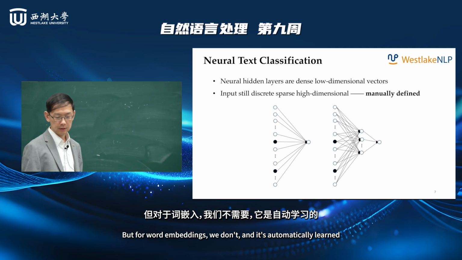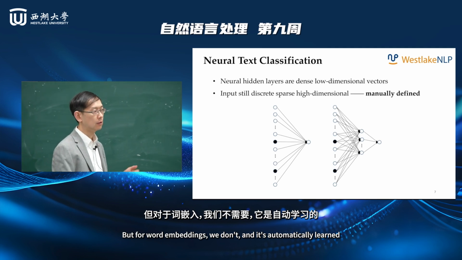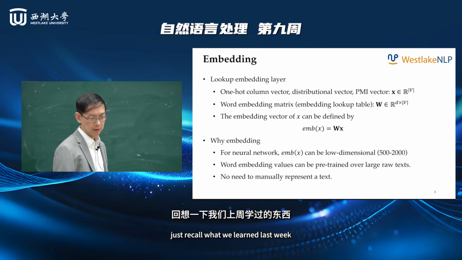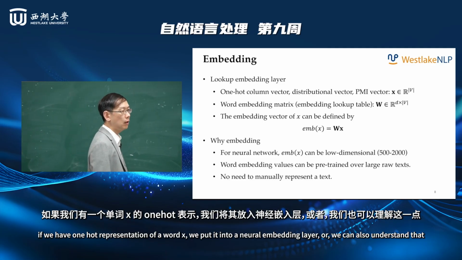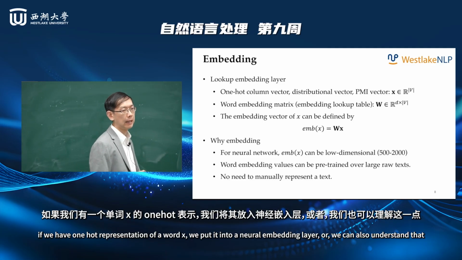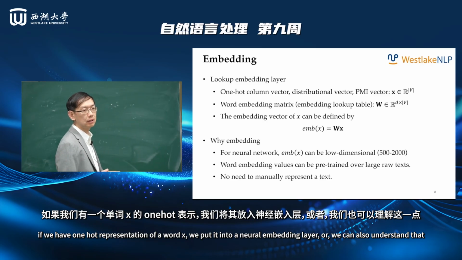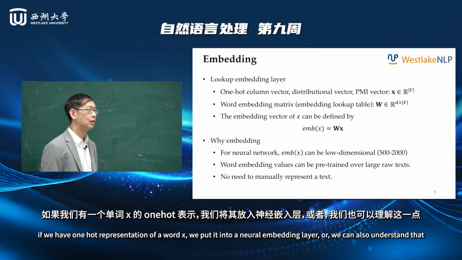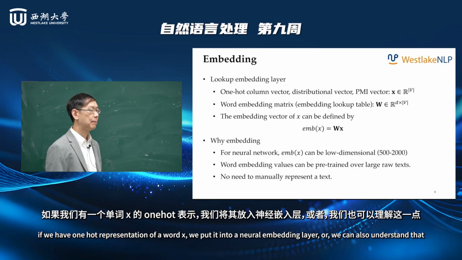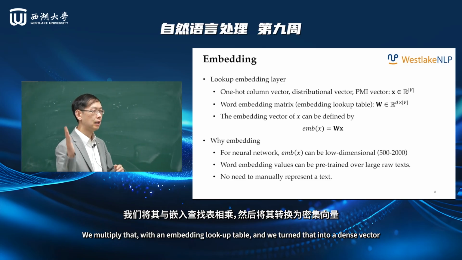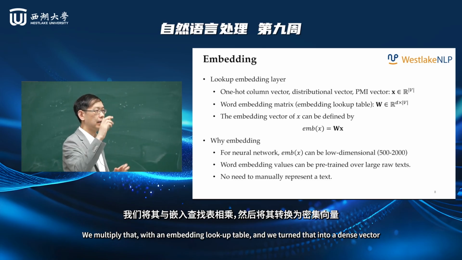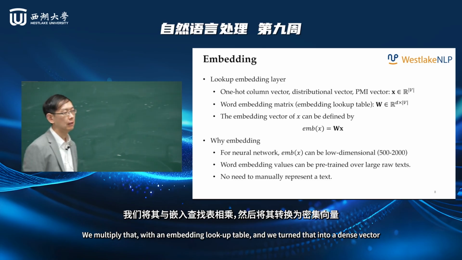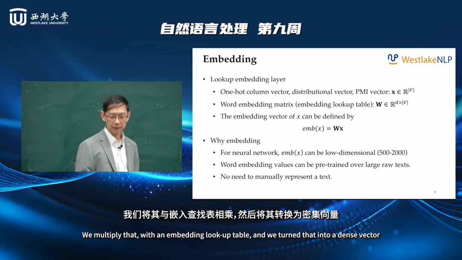Second, more importantly, we have to manually define this input representation. But for word embeddings, we don't. It's automatically learned. Just recall what we learned last week. If we have a one hot representation of a word, X, we put it into a neural embedding layer. We can also understand it as multiplying that with an embedding lookup table, and we turn that into a dense vector.